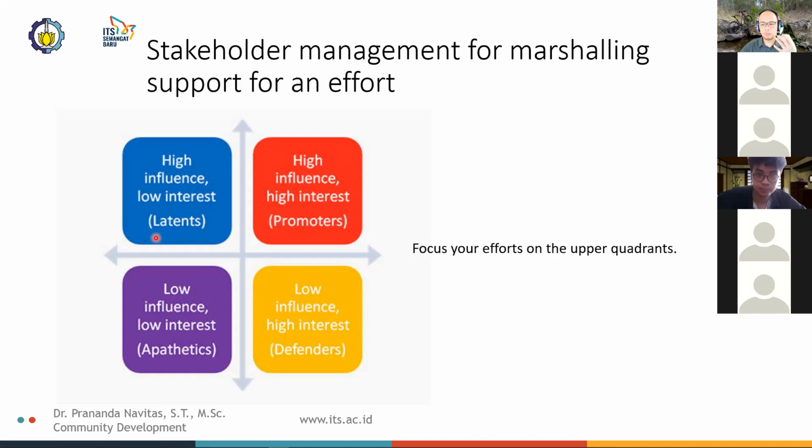If you can shift them over to the promoter category, if you can convert them somehow, then you've definitely gained valuable allies.